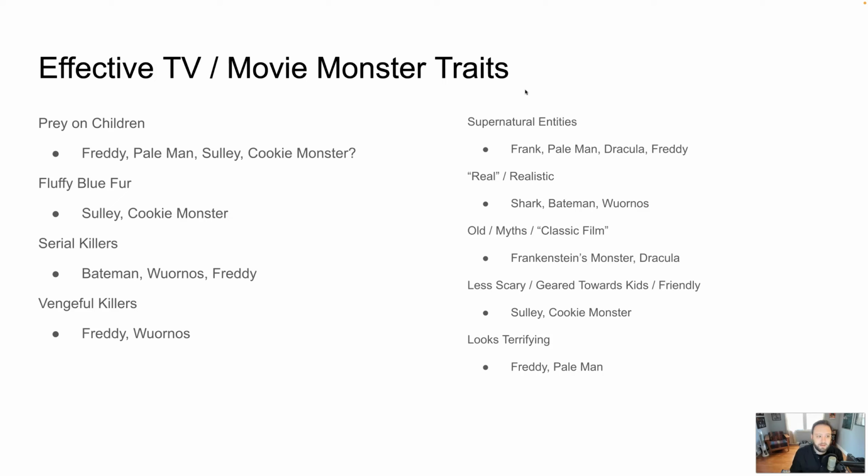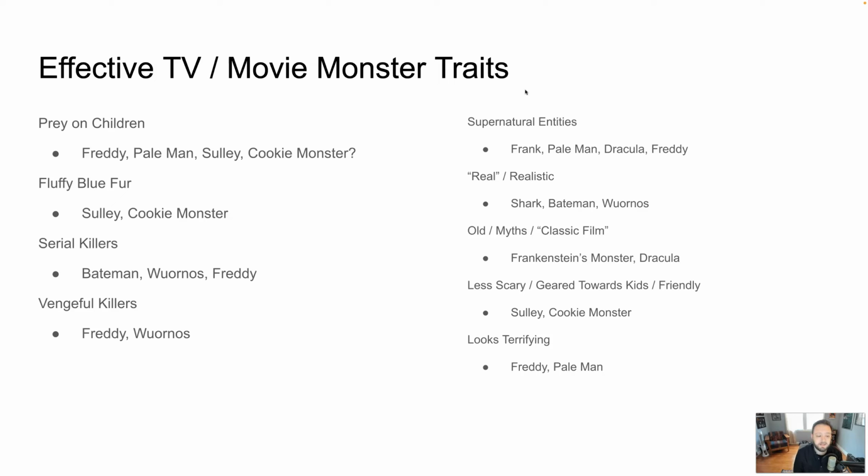And we found out that sometimes they prey on children. Sometimes they have fluffy blue fur. Sometimes the most terrifying monsters are the ones that can or do or might actually exist in our world, like sharks and serial killers. We have these enduring myths, like vampires and reanimated corpses in Dracula and Frankenstein's monster.